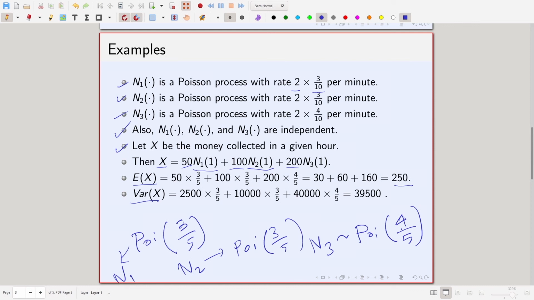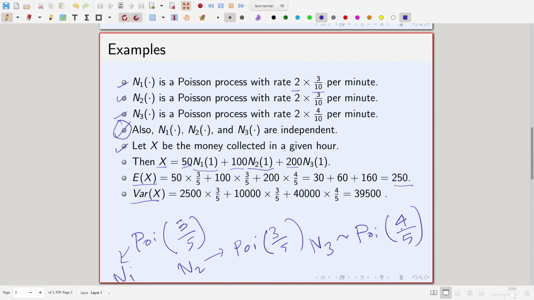Now, what will be the variance of X? Again, the variance of X should be the variance of this quantity. This is where we will use the fact that N1, N2 and N3 are independent, because then the variance of a sum of random variables just becomes the sum of the variances, provided the random variables are independent. Again, we know that if a random variable has a Poisson lambda distribution, its variance is also lambda.